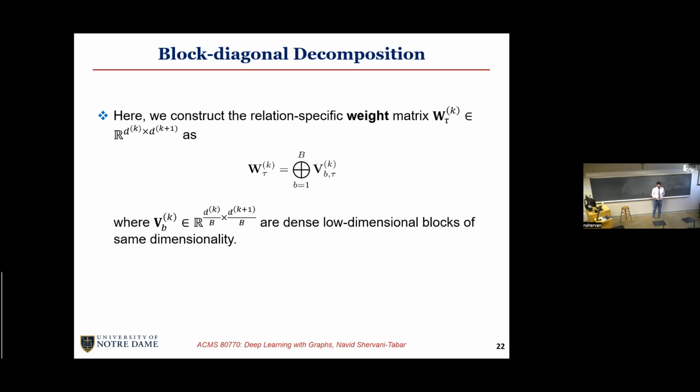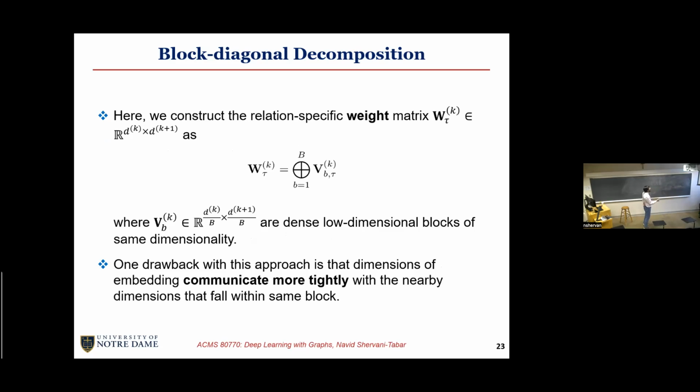There is one drawback with the block diagonal decomposition. When I have dense matrices on the diagonal, the dimensions of the embedding that fall into each of those blocks communicate more tightly with each other, and communication across those blocks is minimal.